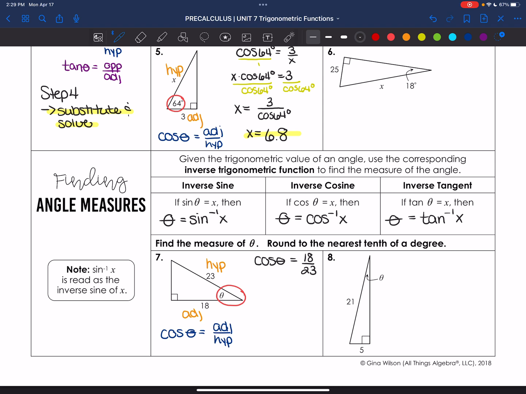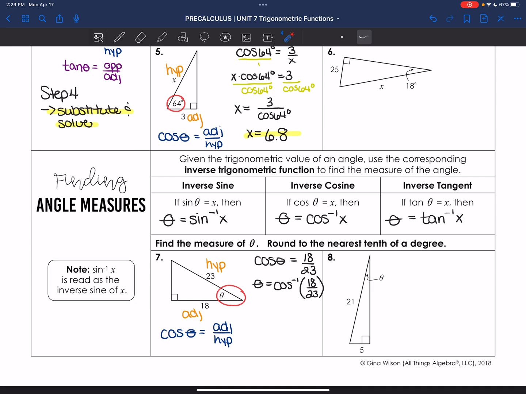Now, like we just saw above, in order to solve for theta, we will need to take the inverse cosine of the ratio 18 over 23. This ratio right here represents the x in the above formats, I should say.